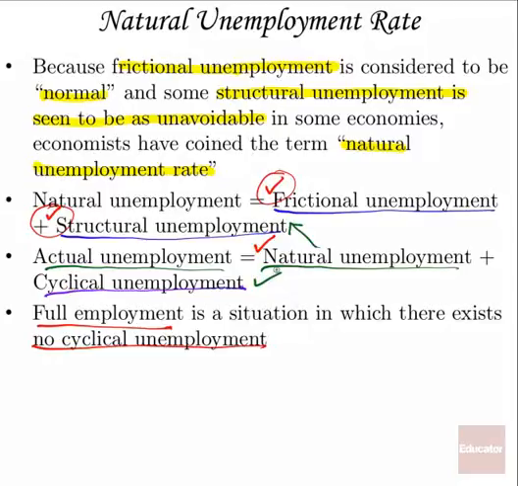If workers get laid off due to a soft economy and there's a lot of cyclical unemployment, this is the type of unemployment that economists generally view with more worry. Again, individually, if you don't have a job, you don't care why you're unemployed, you just want a job. But if you take a step back and take a macro perspective, then cyclical unemployment is the more troubling of the three types of unemployment discussed.